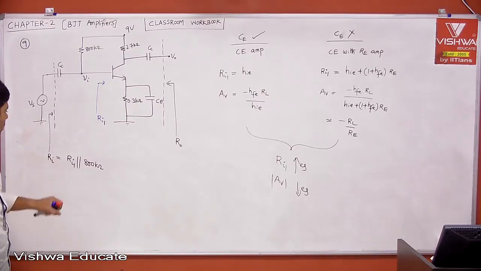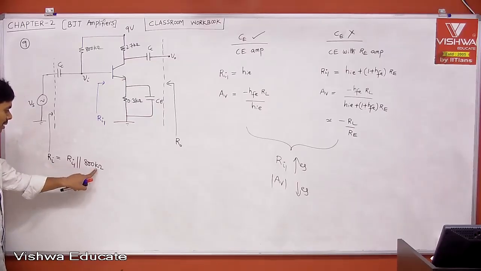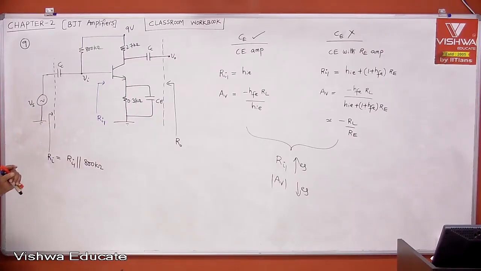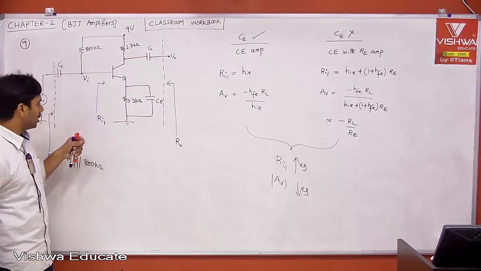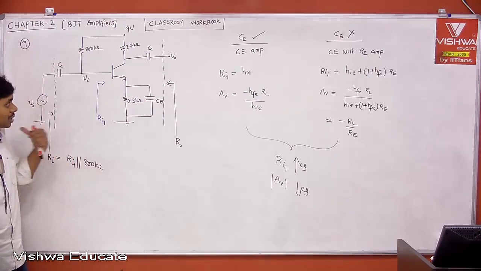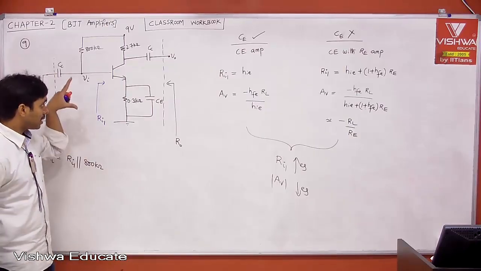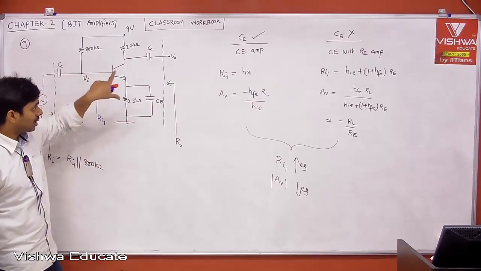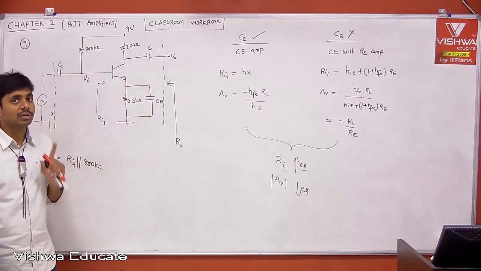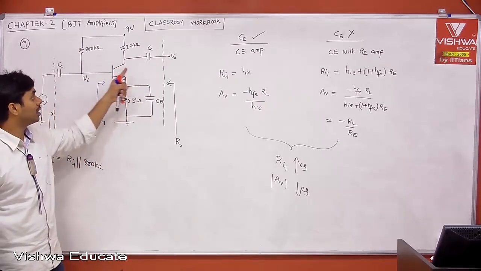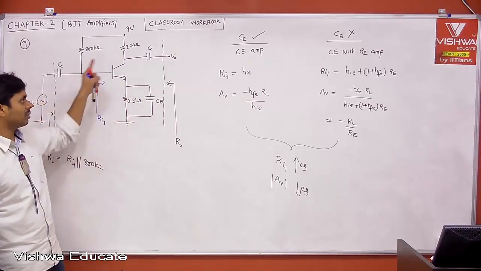Remember, if Ri1 is increasing, then definitely Ri also will increase, because Ri1 in parallel to 800K is nothing but your input impedance. I'm just highlighting, maybe in some problems we need it. They'll ask Ri, but whatever we calculated from AC analysis, the transistor input impedance, output impedance, voltage gain, and current gain, everything is with respect to the transistor.